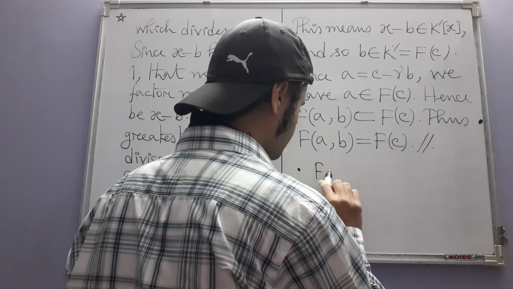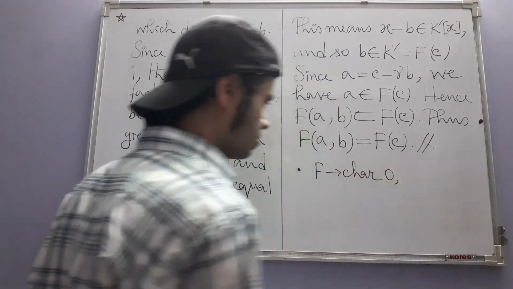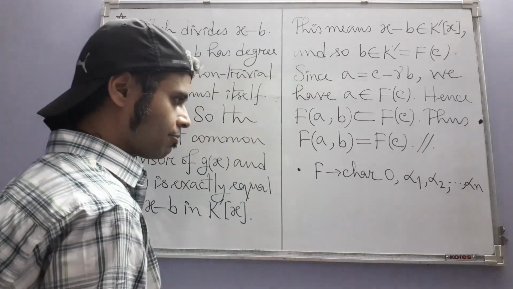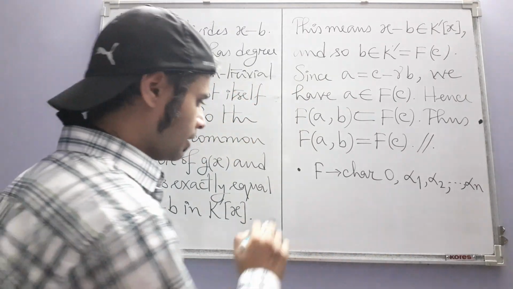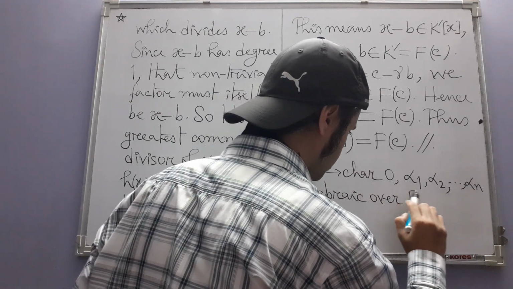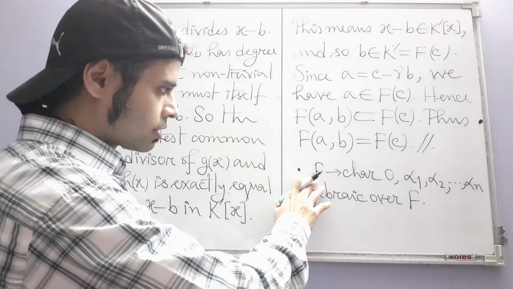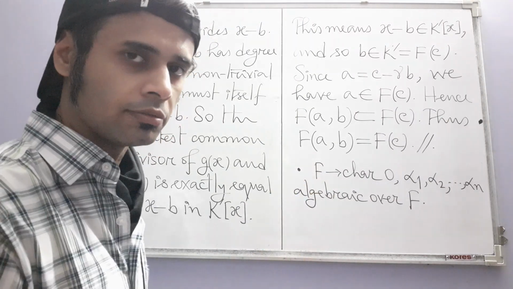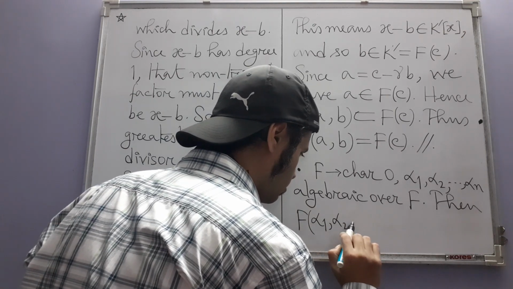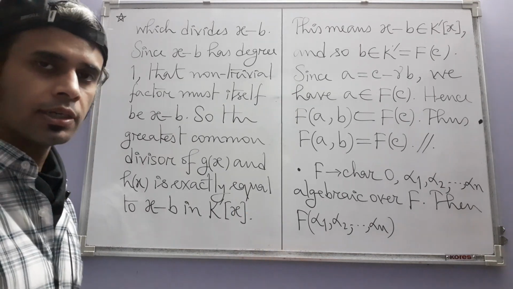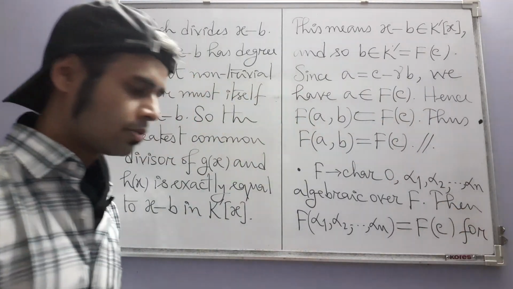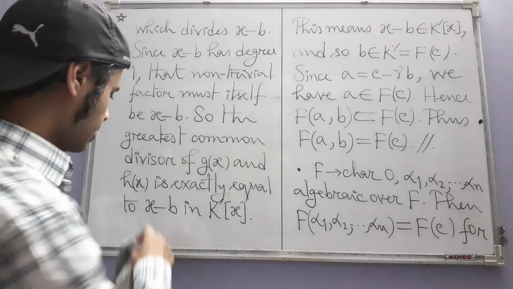Say F is a field of characteristic 0, and let alpha 1, alpha 2, some finite number, say alpha n, be elements in some extension of F, and they are all algebraic over F. Then if you consider the field obtained by attaching all of them to F, that is this field, then that is also a simple extension for some single element C belonging to this field.